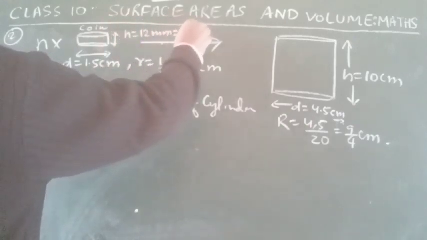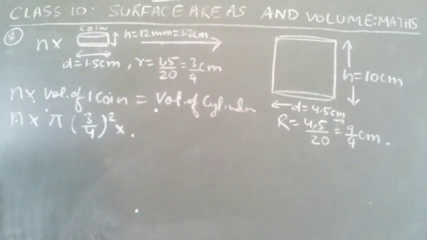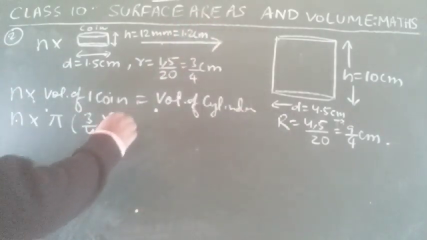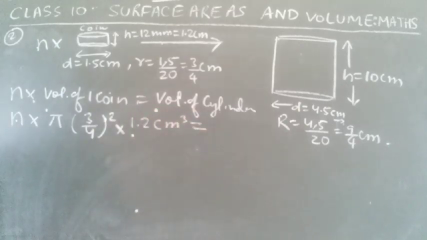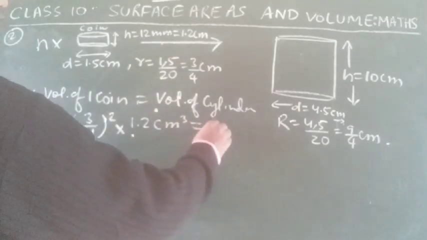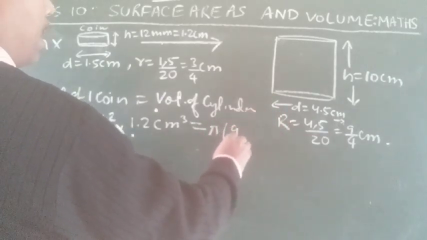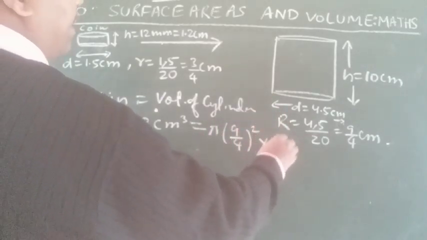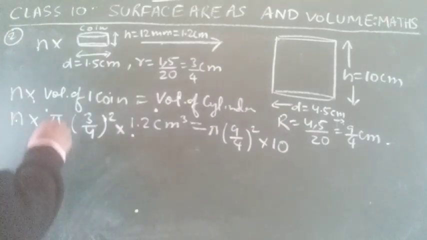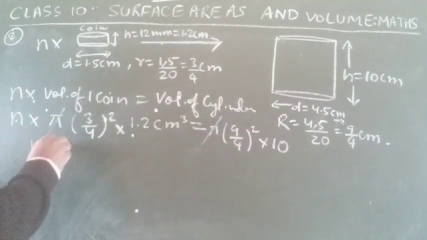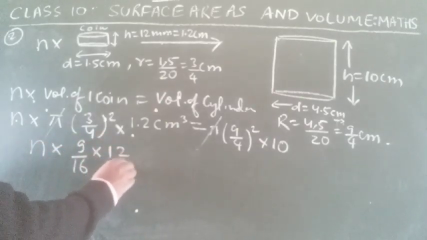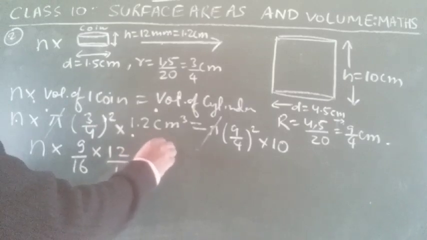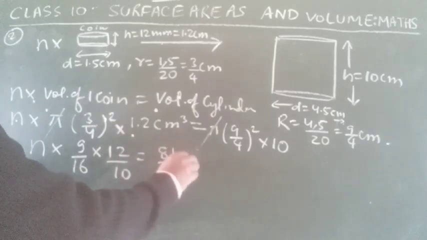That is 1.2 cm. So we can write n into pi r square h equals pi into 9 by 4 whole square into h, which is given as 10. Now pi cancels. So n into 9 by 16 into 12 by 10 equals 81 by 16 into 10.